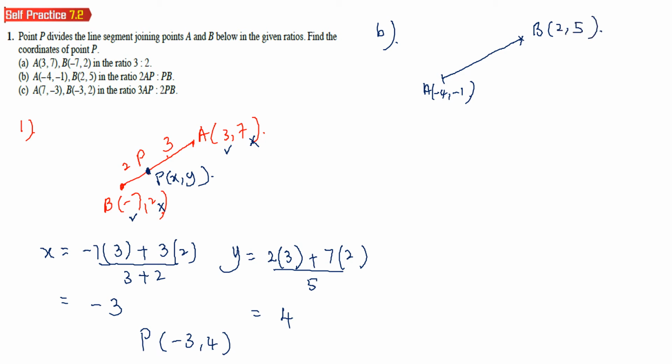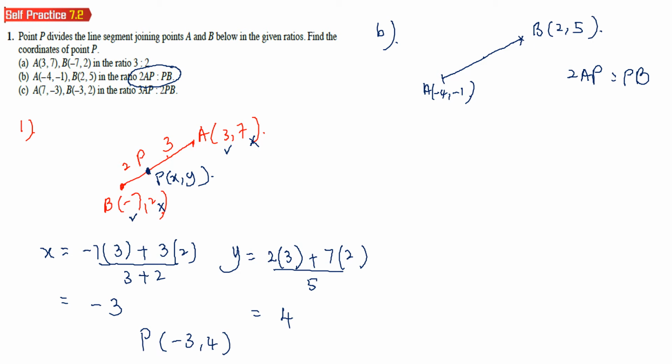The ratio given here, I copy it, is AP is to PB. This form makes it difficult to get the ratio easily.